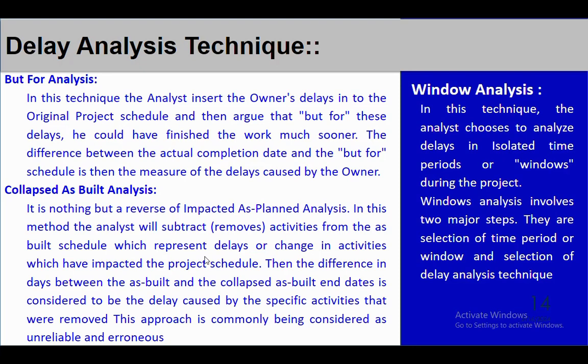The difference between the mechanical completion of the as built schedule and the mechanical completion of the collapsed as built schedule is the delay that happened because of those delay events which we have deleted or removed from the as built schedule. However, we don't use this technique much because it will give you unreliable or erroneous results.